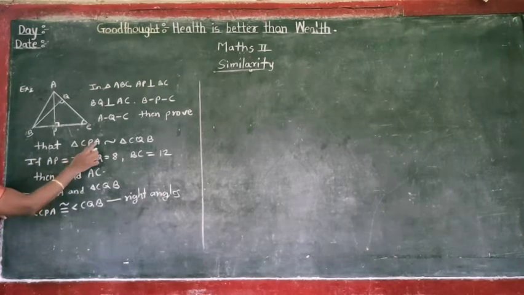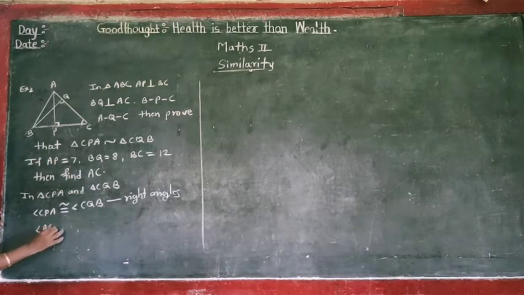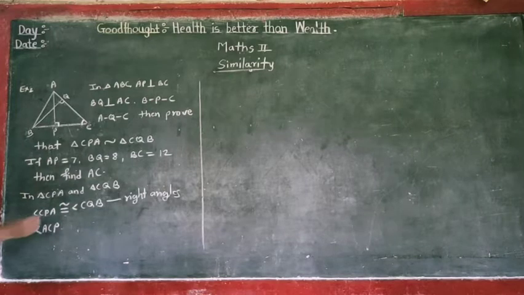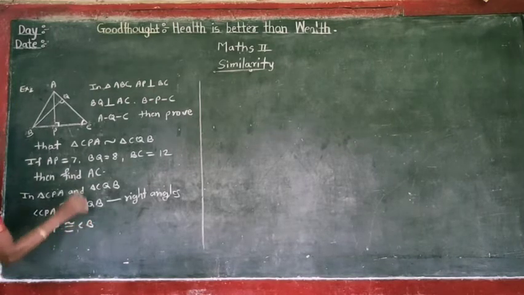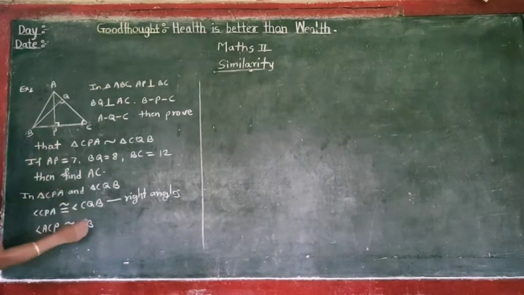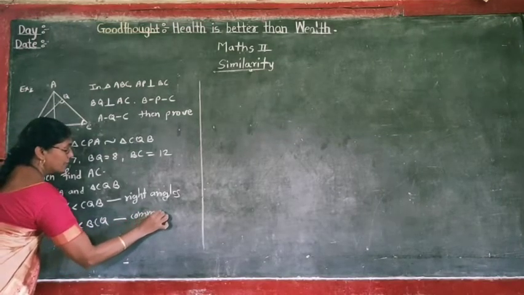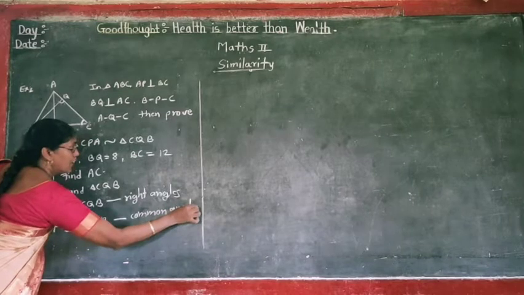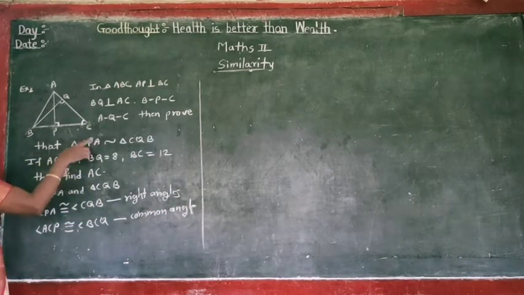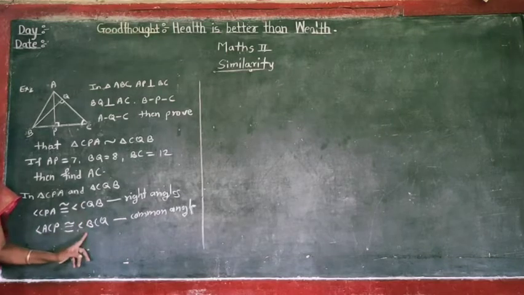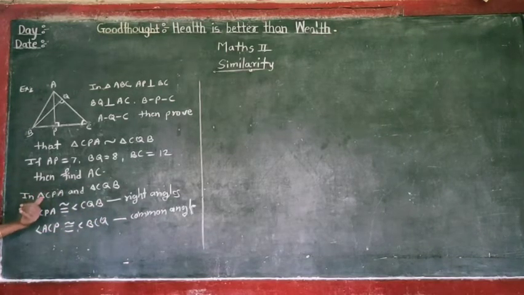Angle ACP is an angle of triangle CPA, and it is also an angle of triangle CQB. We know if two angles of one triangle are congruent with corresponding two angles of another triangle, then both triangles are similar.